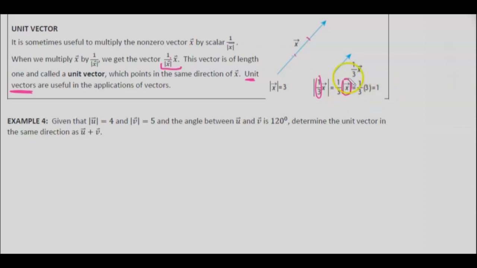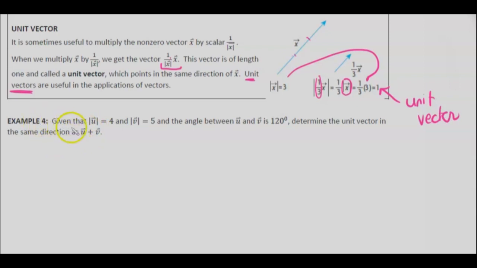Because the magnitude of vector x is 3, which is from like the original. So it's 1. So then this gives us our unit vector. Okay, so the whole point of a unit vector is to be 1 unit long.